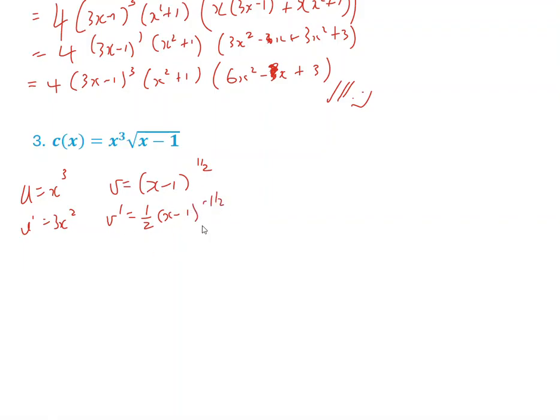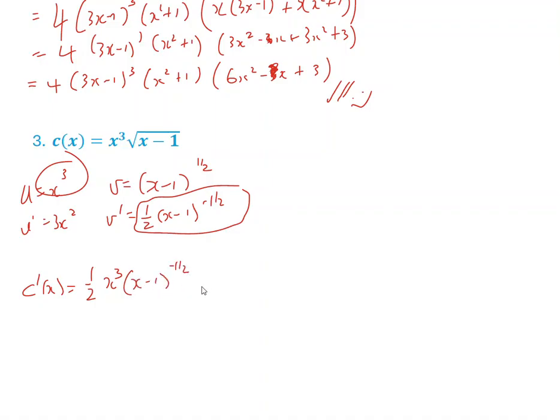Now my suggestion is you do not turn this into square roots, and you don't put the x - 1 down into the denominator, because I wish to take out common factors. So c dash of x will be u times v dash. I'm going to write 1/2 x^3 (x - 1)^(-1/2), plus this times this, 3x^2 (x - 1)^(1/2).